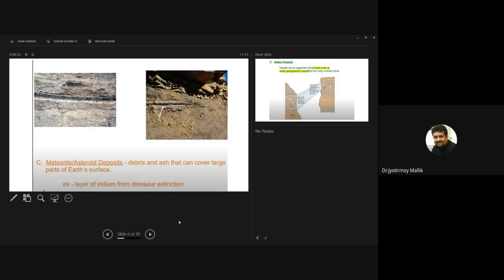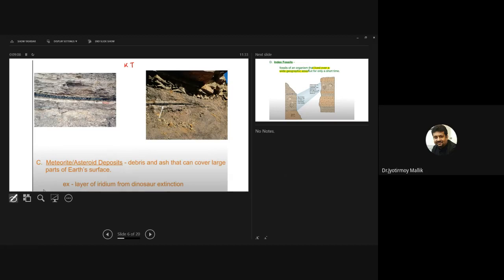The next thing that you can use for correlation is meteorite or asteroid deposits. So debris and ash that cover large parts of the Earth's surface, like the layer of iridium from the dinosaur extinction. Like you can see here, this is the KT boundary, the Cretaceous-Tertiary boundary, which is generally demarcated by this iridium-rich layer, generally correlated with a meteoric shower.